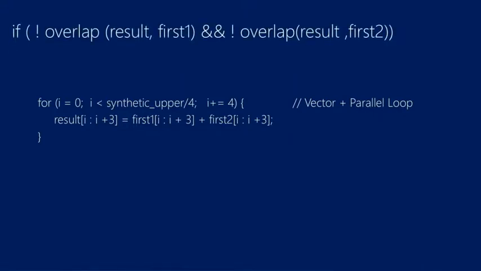So what the compiler will do is it'll actually generate code that gets executed at runtime, which will test whether or not there's overlap between the store and any load. So we'll test at runtime, and we exploit the fact that everything's superscalar and bury a lot of the latency to see whether or not basically the beginning of result points inside first 1 or first 2. And if that's legal, then we'll insert some runtime code.